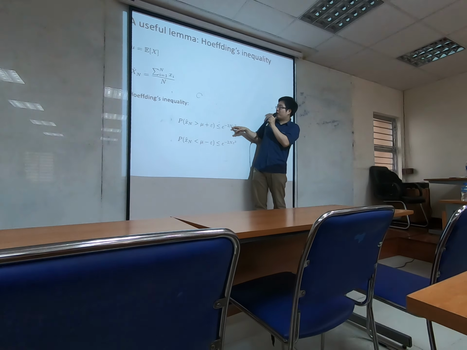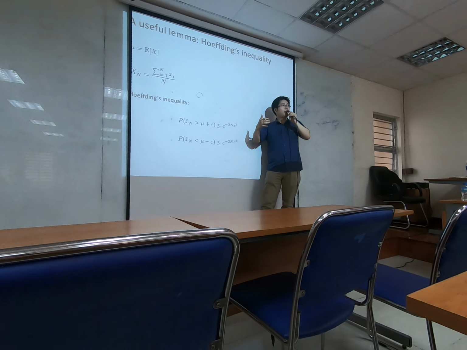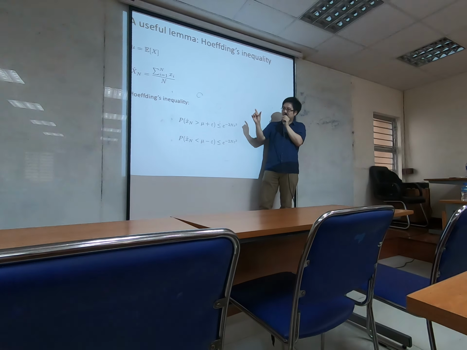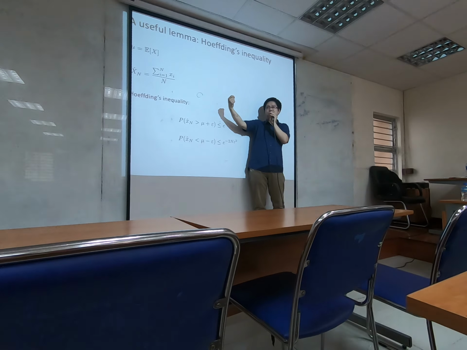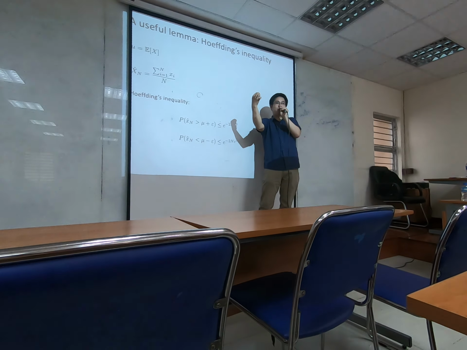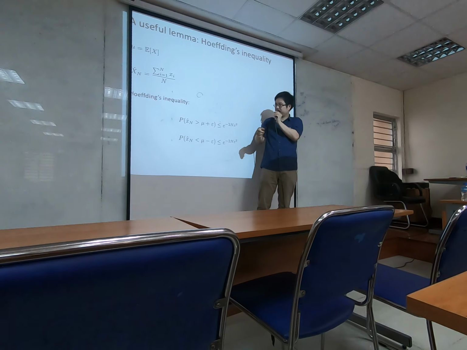So the more samples you have, the smaller this becomes. You could say it's a finite-time version of the law of large numbers, for example. The more samples you have, the closer the empirical mean gets to the true mean.